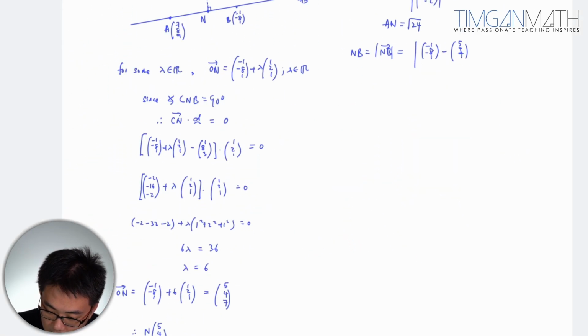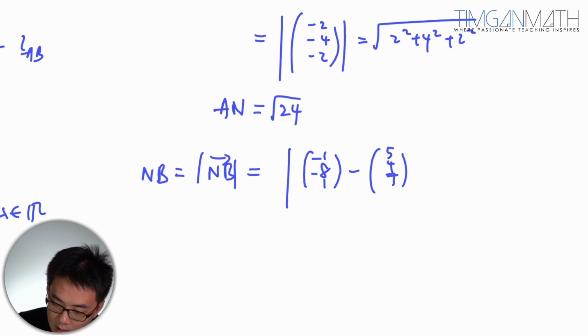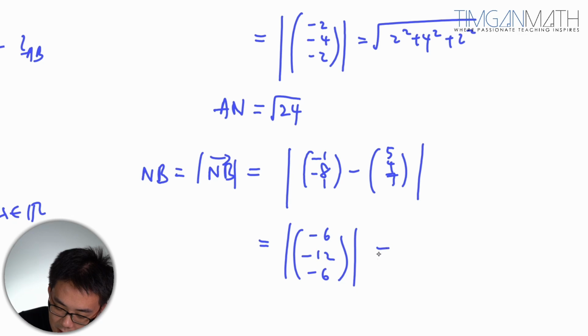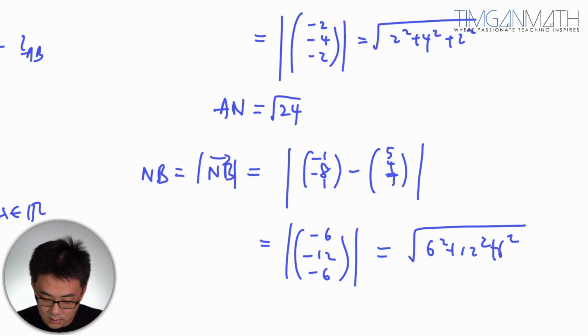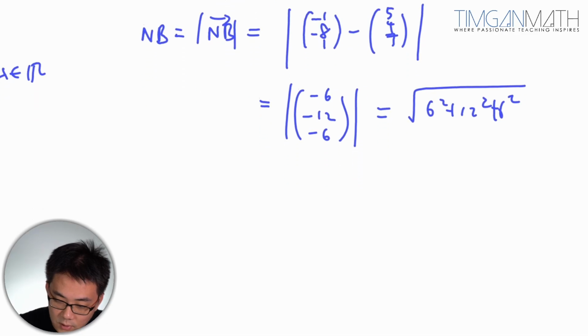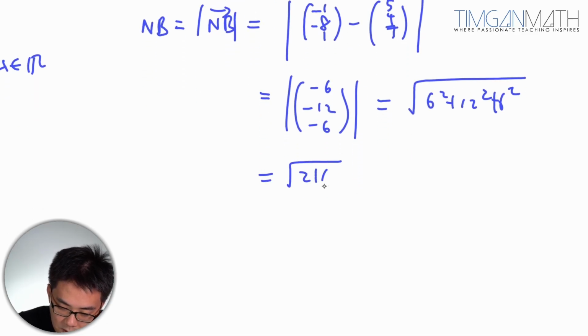N is (5, 4, 7), great. So this will just be (-6, -12, -6). This will be the square root of 6 squared plus 12 squared plus 6 squared, which gives us 216. Square root of 216.